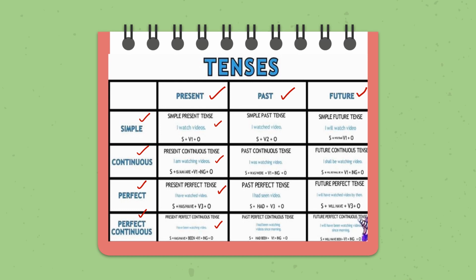Similarly, past tense is again subdivided into four types: simple past, past continuous, past perfect, and past perfect continuous. And in the very same way again, future tense is also subdivided into four types: simple future, future continuous, future perfect, and future perfect continuous tense.